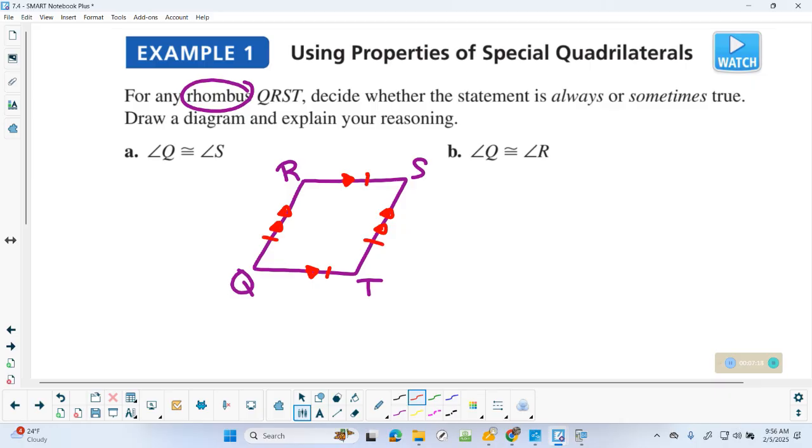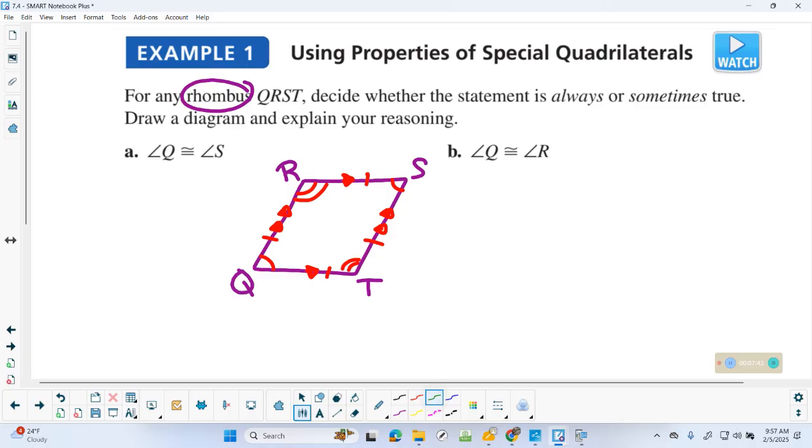I also know from a parallelogram, opposite angles are congruent. I know consecutive angles, of course, would add to 180. I don't know if I'm going to really mark or write anything about that because I don't see anything about 180, so I'm just going to table that. And also don't forget diagonals bisect. Nothing about diagonals. I don't want to draw them in and make a big mess out of my picture, so I'm just going to leave it.